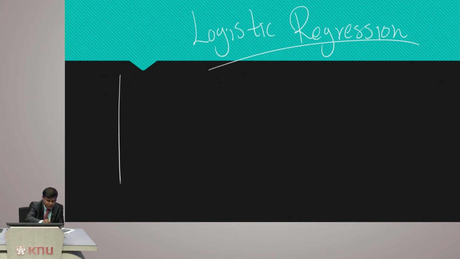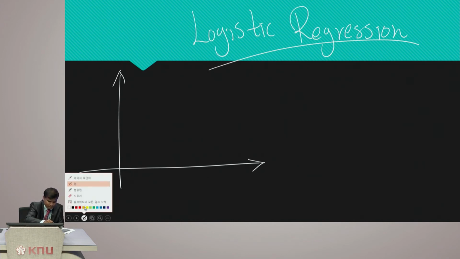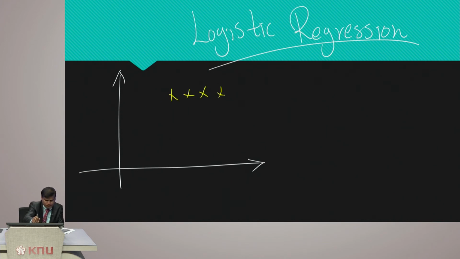Say for example you have this kind of data, and when you have such data, maybe your average value is somewhere here, and how do you fit this kind of data?